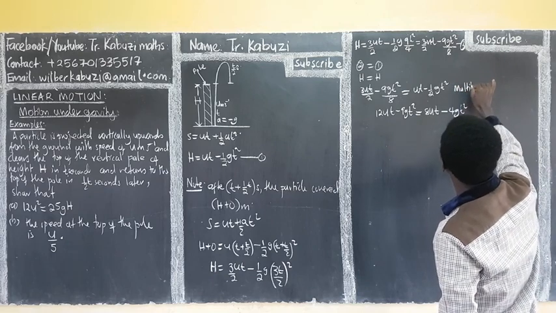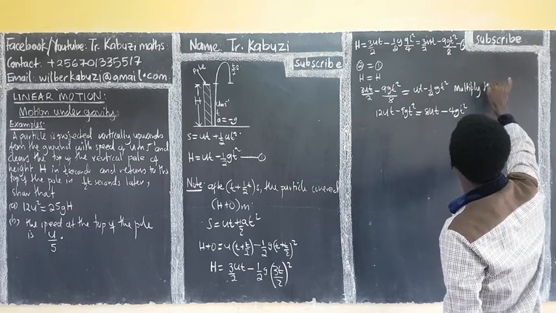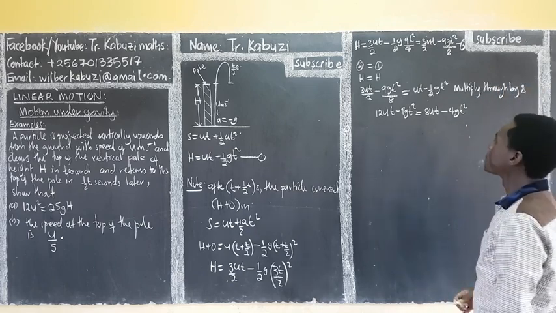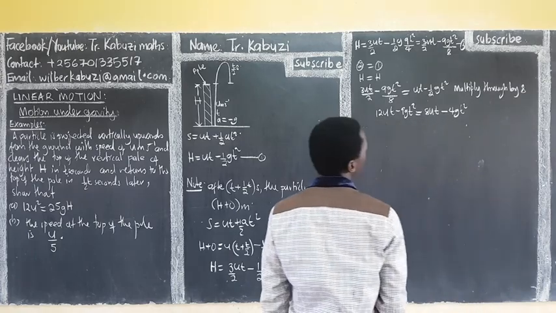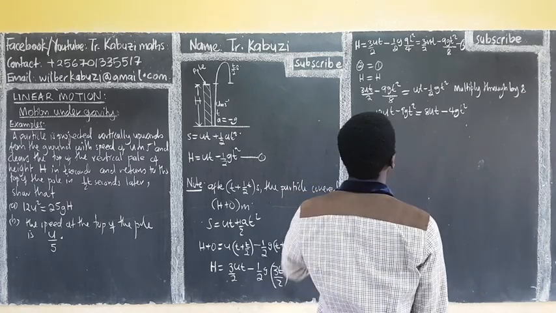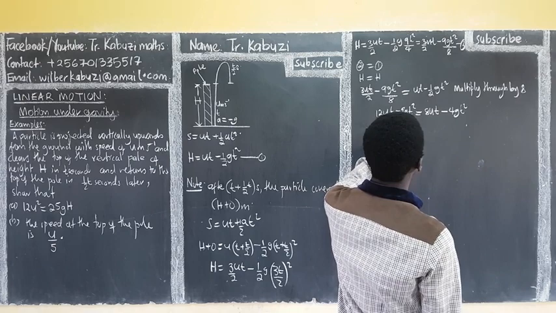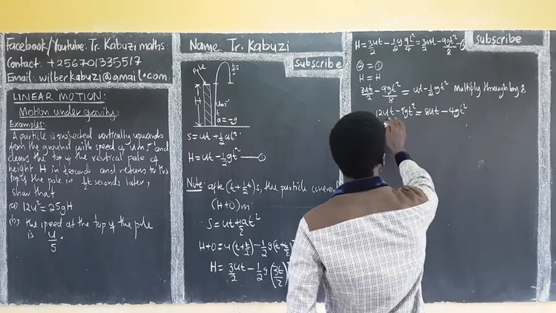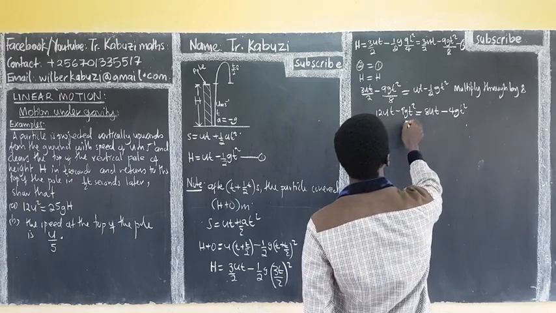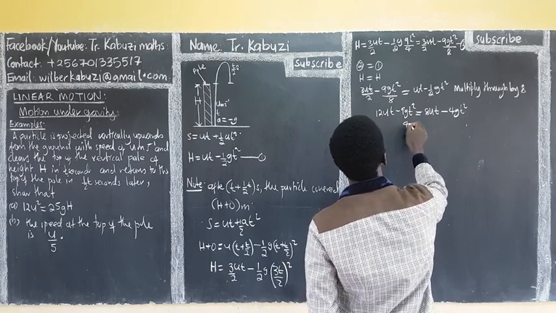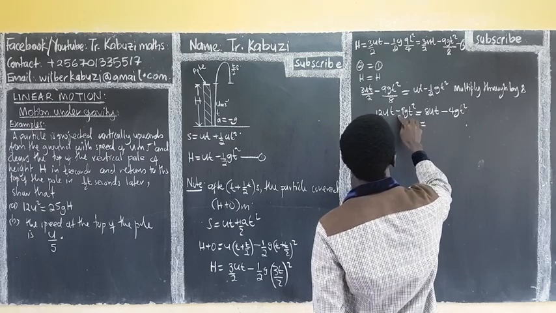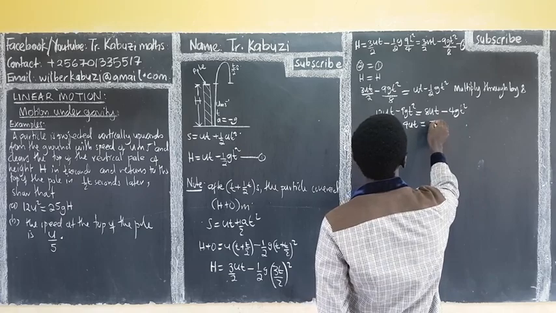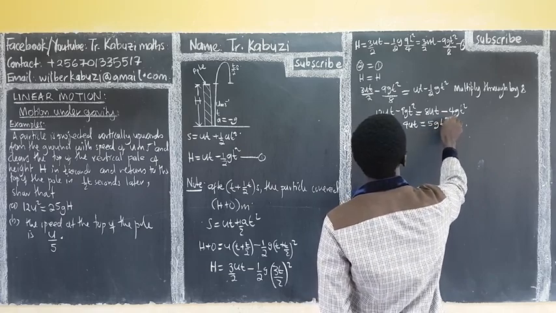Multiply through by 8. Okay, and then now simplify. My students, I want to make my t the subject. So when I bring this to one side, I'll be having 4ut equal to 5g t squared.